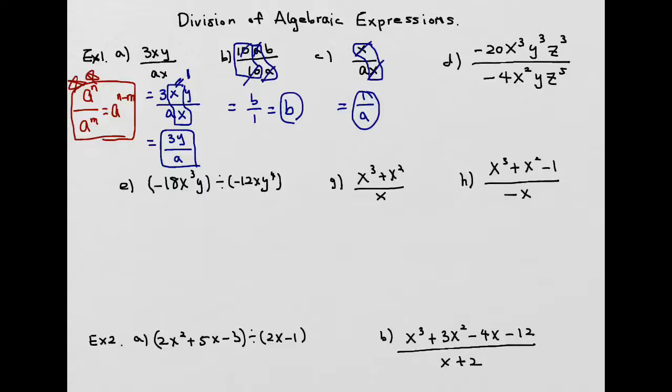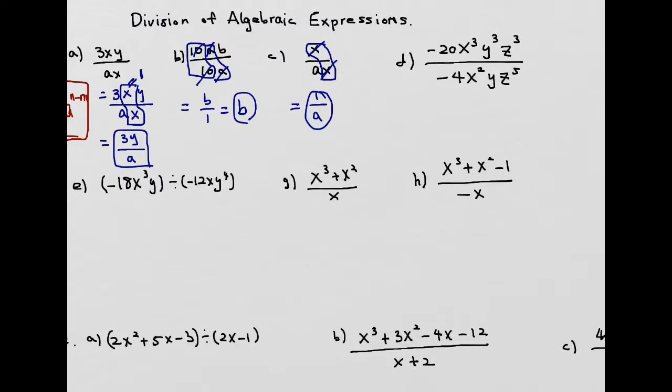The next problem, it's getting a little bit longer each time, but the basic information will be the same. When we compare negative 20 with negative 4, 4 goes into 20 5 times. And the negatives cancel out. So from negative 20 over 4, I will have 5 on the numerator remaining.